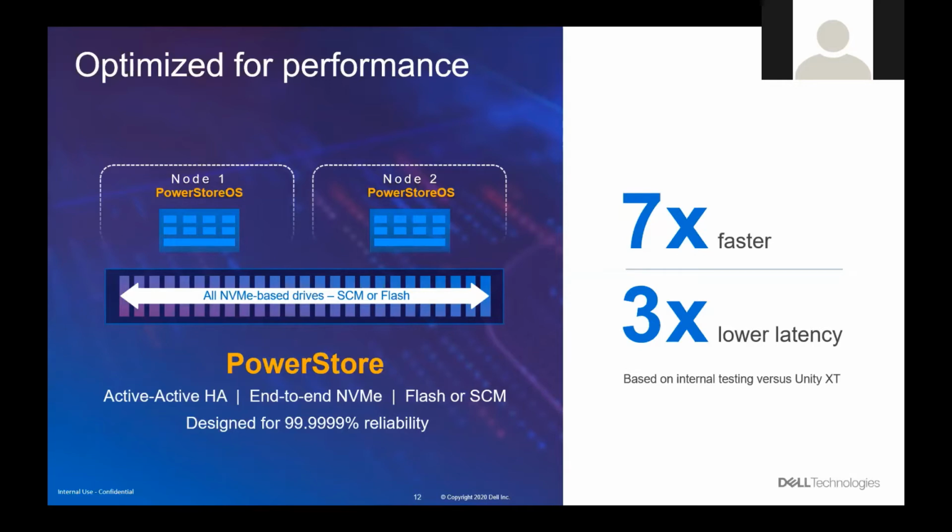Nick, if I can just add one thing real quick, when we talk about design for reliability, one of the things that differs with NVMe and SCM storage is that we're using dual-ported drives. That's where we start getting those enterprise features pulled down into the mid-range products. Both nodes, you're not using storage loops.